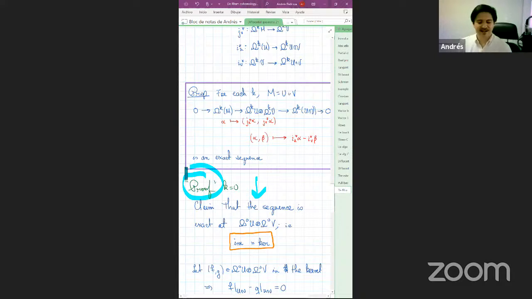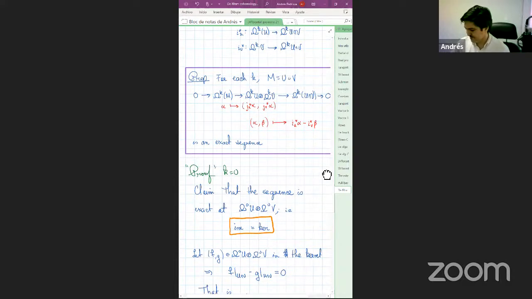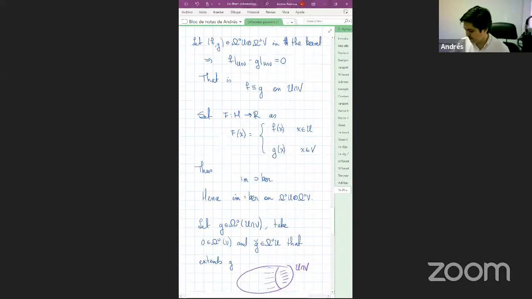Because basically a k form is a function. Not a real valued function, but a function on the same U, M, or V. Okay? Well, so we will use this in the following way.